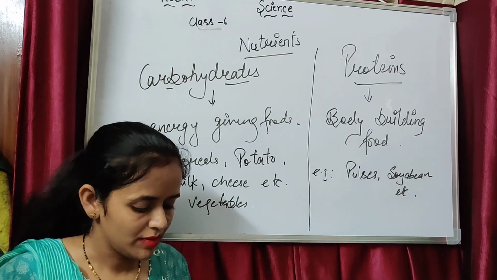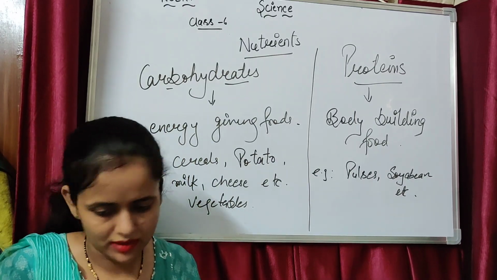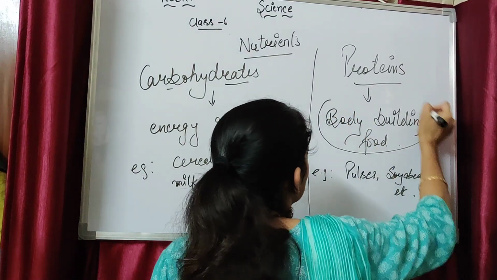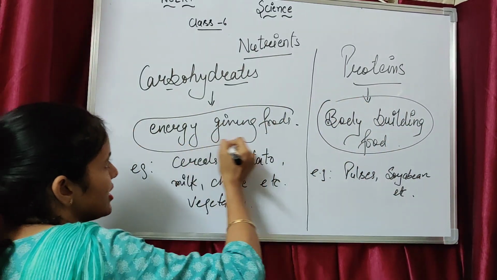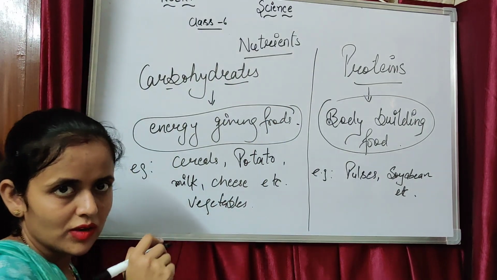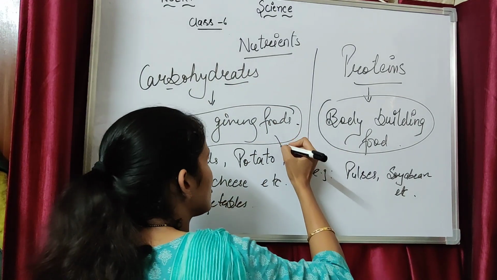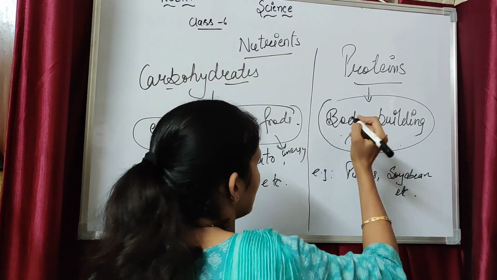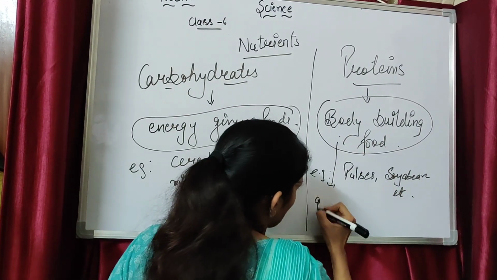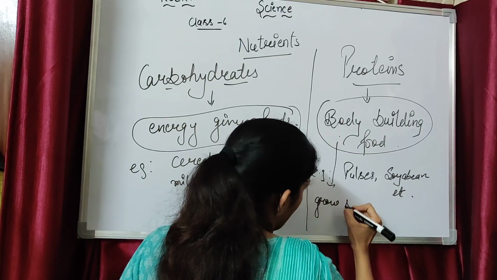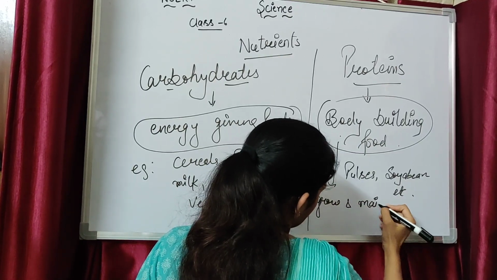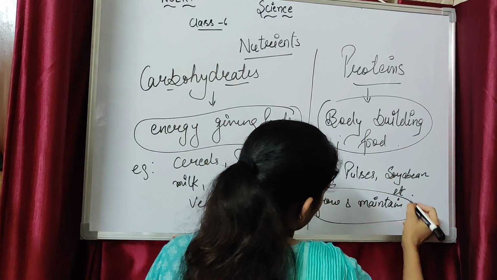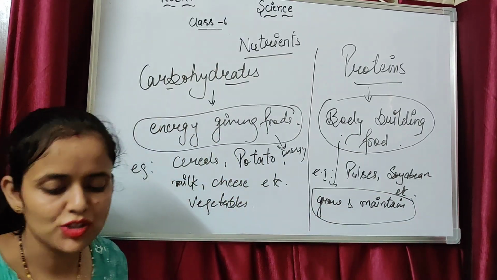Example, clear, pulses and soyabeans. Now why are they body building food and why are they energy giving food? Carbohydrates give only energy to our body. Proteins help our body to grow and maintain, in growing and maintaining the body functioning.